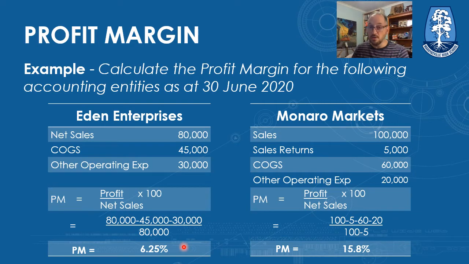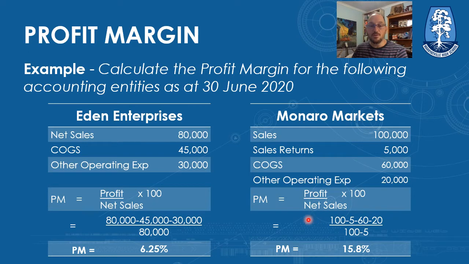It sounds quite low. Let's keep looking. Monaro Markets has sales of $100,000, sales returns of $5,000, COGS of $60,000, and other operating expenses of $20,000. The profit margin, not the gross profit margin, is profit divided by net sales, which is 100,000 for sales minus 5,000 of sales returns, minus 60,000 of COGS, and minus 20,000 of other operating expenses.